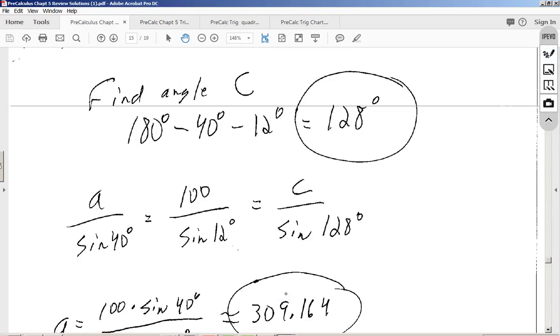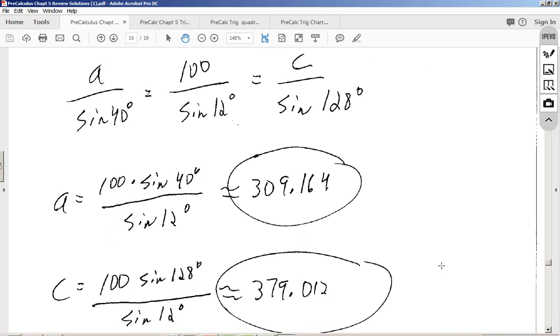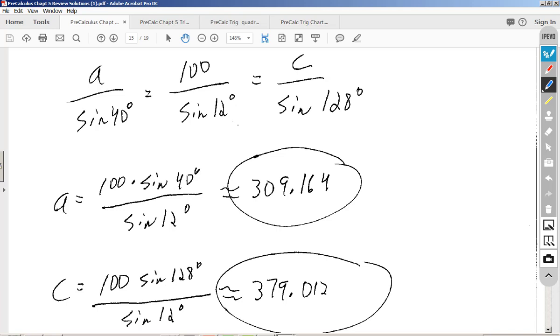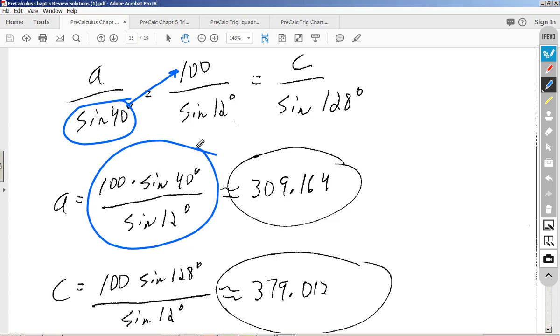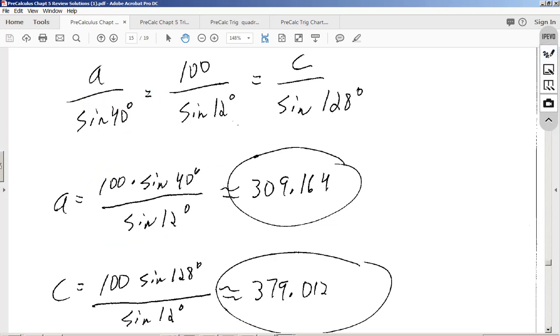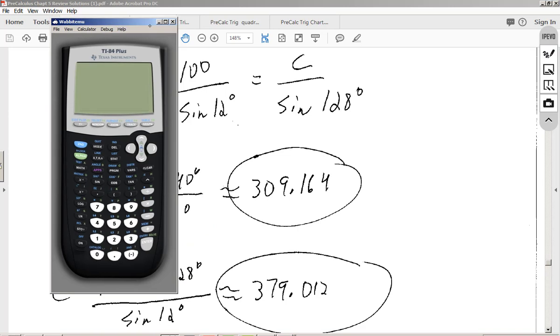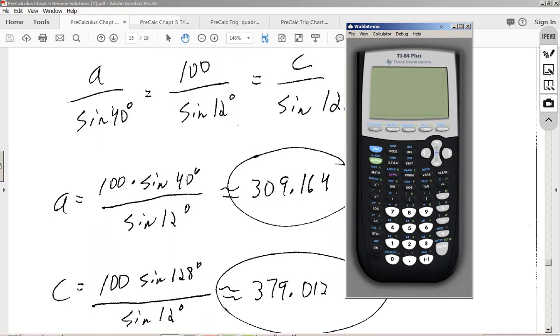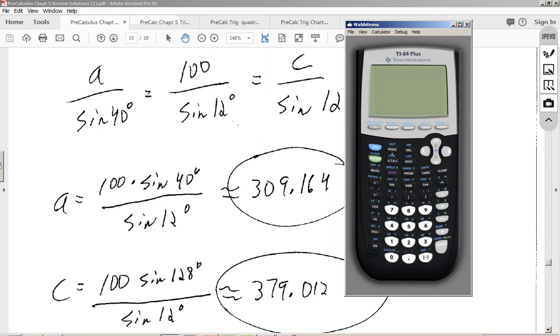So back to our review solutions. Okay, so here we're going to find side A. So to find side A, you just have to take this, multiply by the sine of 40, and here's the equation that you're going to go ahead and just put in your calculator. First, check to make sure that you're in the correct mode. So I go to my mode.